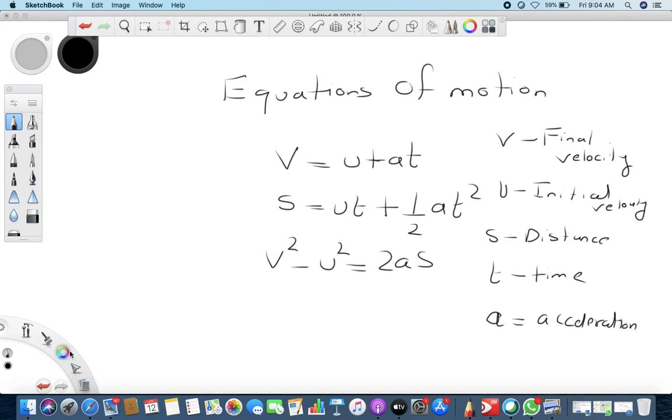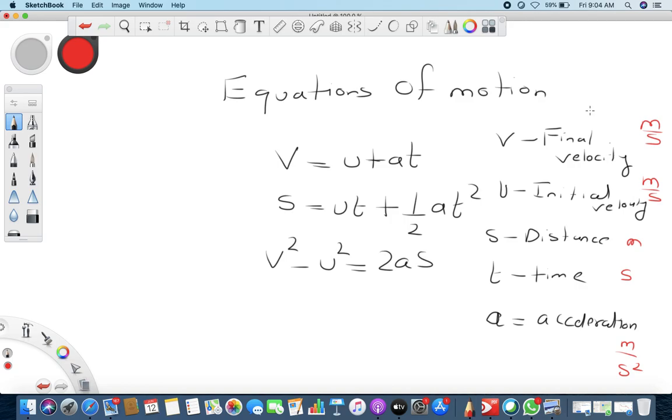This is meter per second, this is meter per second, this is meter, this is second, and this is meter per second square. So understand, these are all the SI units and this is the quantity. So keep this also as a note.